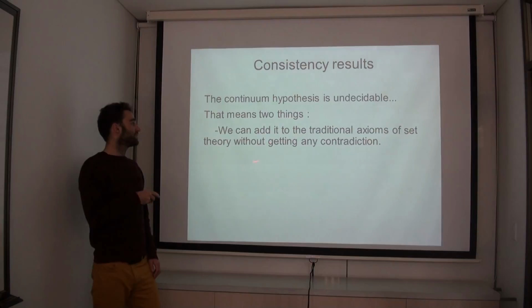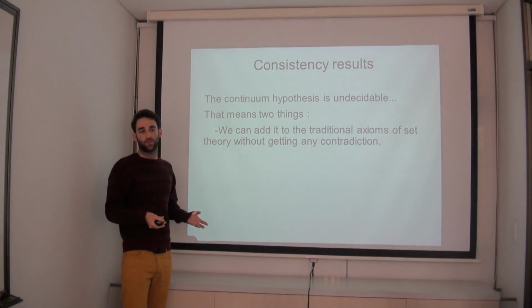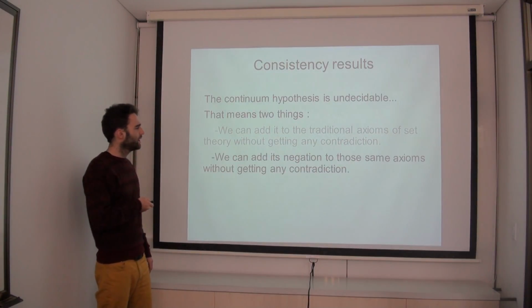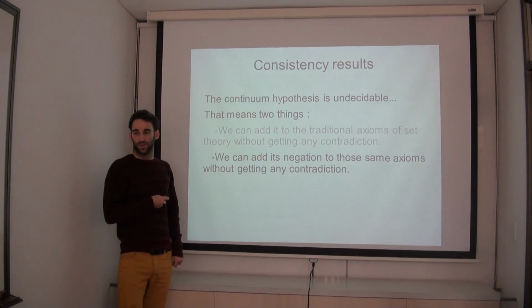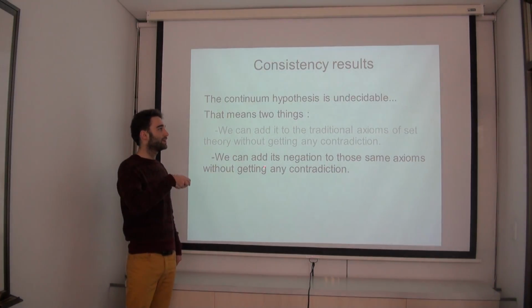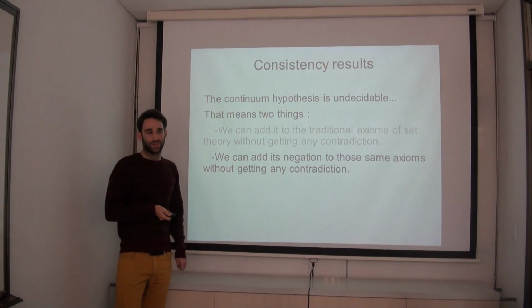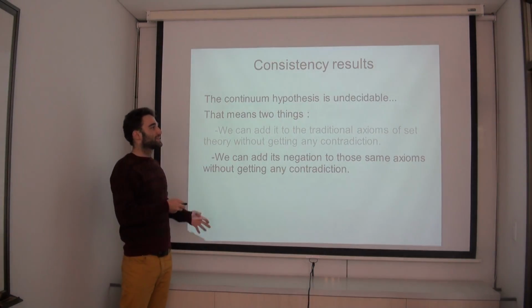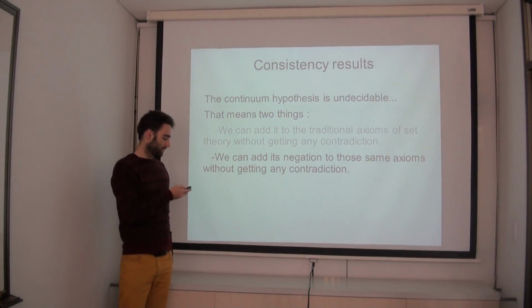We can add this equality to the traditional axioms of set theory, and we do not get any contradiction from that. But now you can also add its negation to the same axioms, that is, that the equality is not true, and you don't get any contradiction. So we say that it's independent because it cannot be proven from the axioms of set theory.